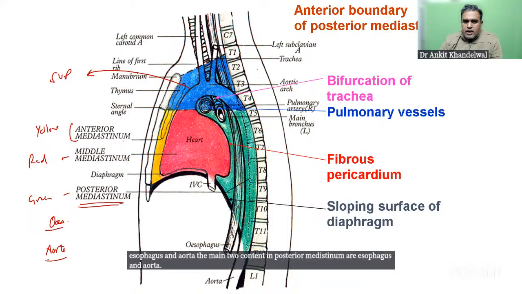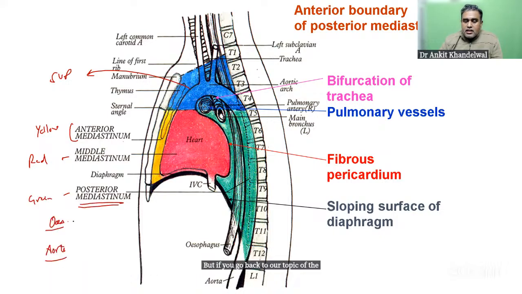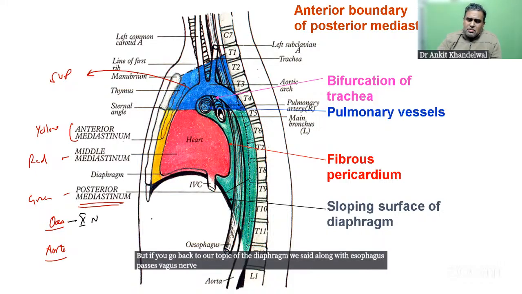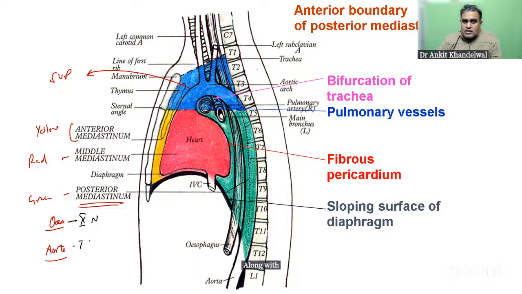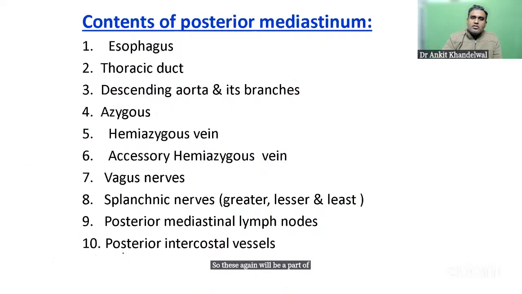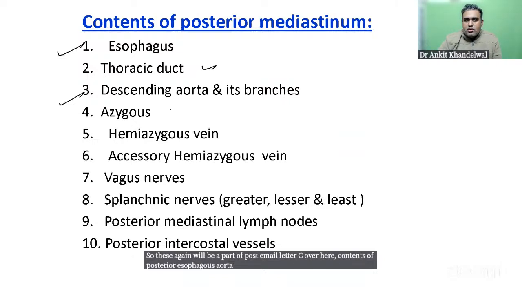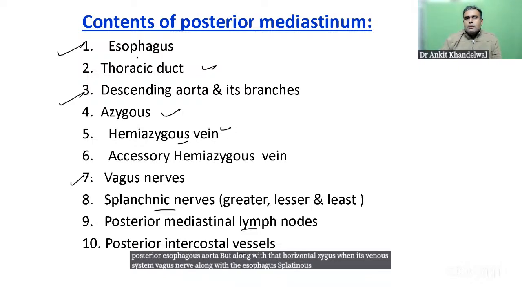But if you go back to our topic of the diaphragm, we said that along with the esophagus passes the vagus nerve and also esophageal branches of the left gastric artery. Along with the aorta pass the thoracic duct and azygos vein. So these again will be a part of the posterior mediastinum. Let us see the contents of the posterior mediastinum: esophagus, aorta, but along with that thoracic duct, azygos vein and its venous system, vagus nerve along with the esophagus, splanchnic nerves, lymph nodes and vessels.